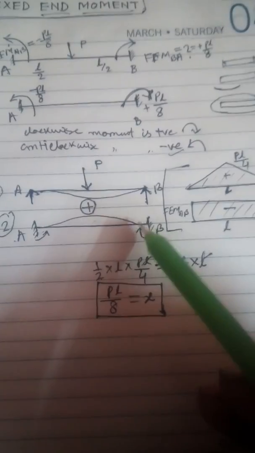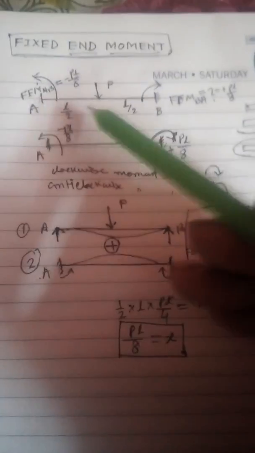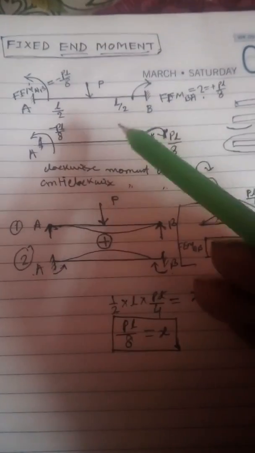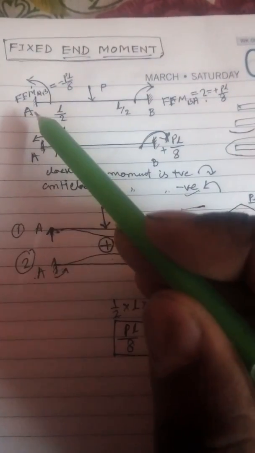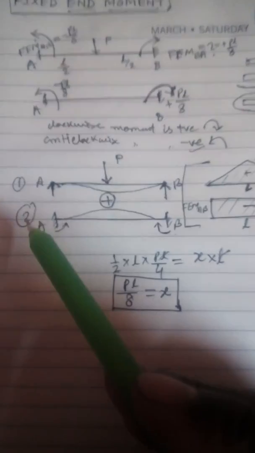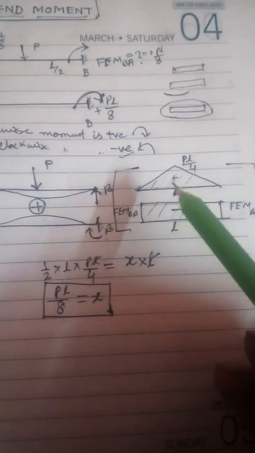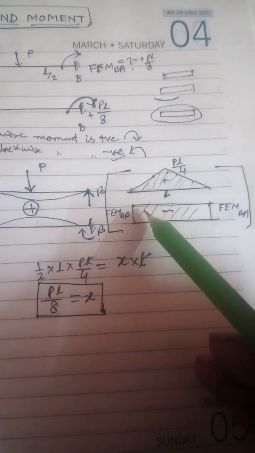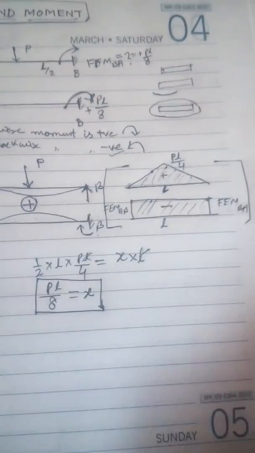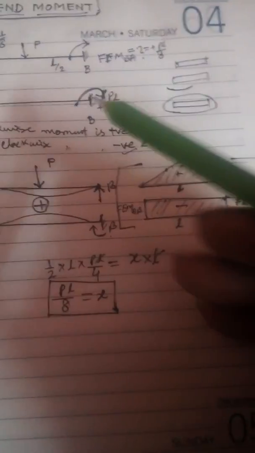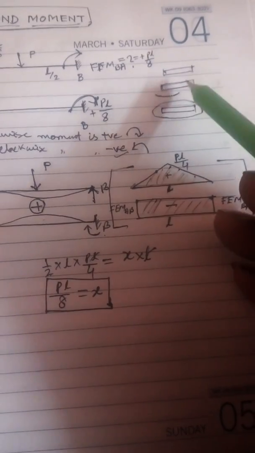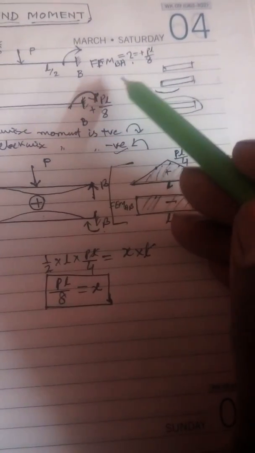FEM AB and FEM BA will be equal because the load is symmetric. It is not an unsymmetrical load, it is symmetric loading. That's why the fixed end moment produced at point B as well as point A will be the same. This is the bending moment diagram for part 2. Now I have to add the areas of these two bending moment diagrams and equate the sum to 0, because in the actual beam there is no bending, or the bending is very negligible.